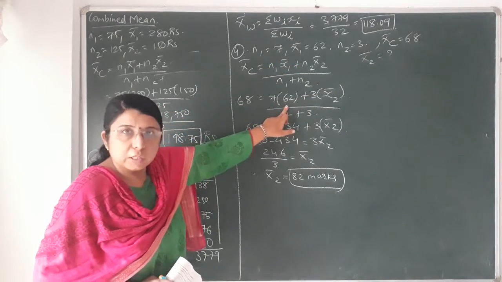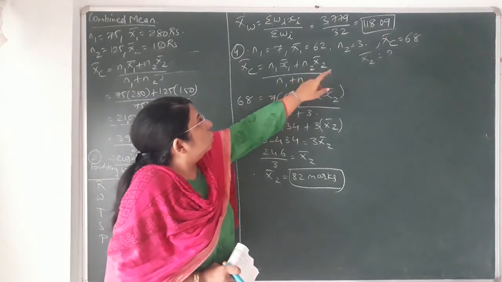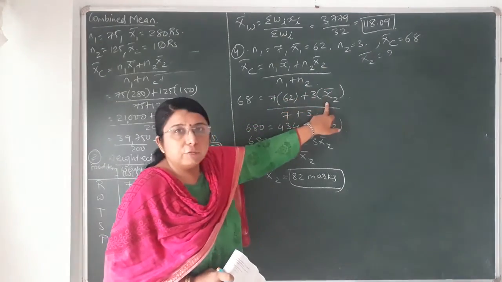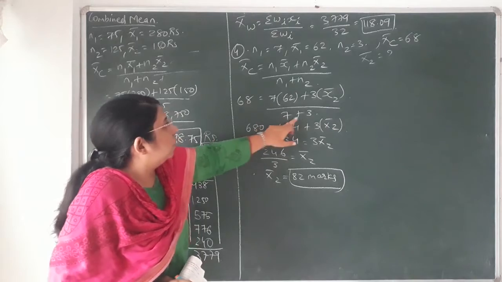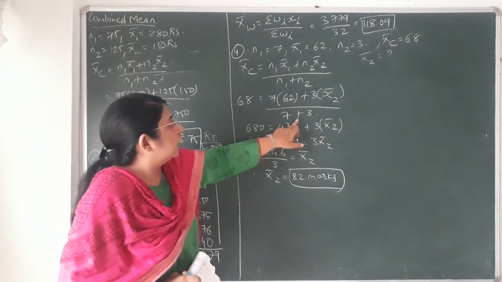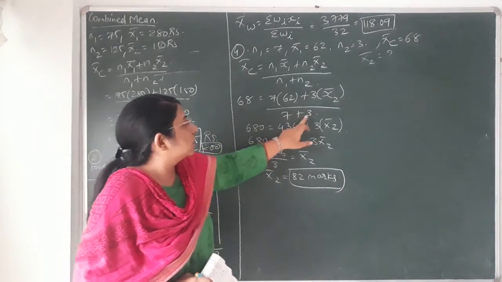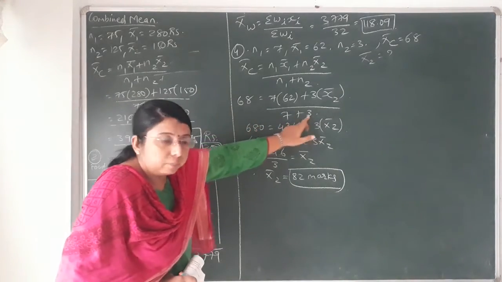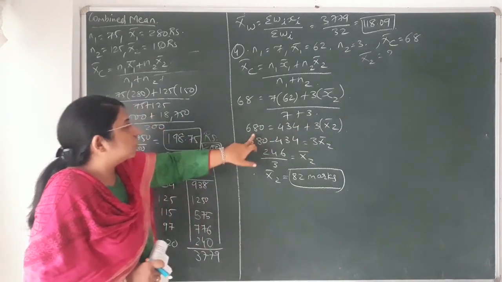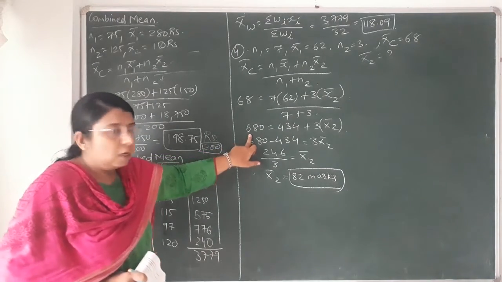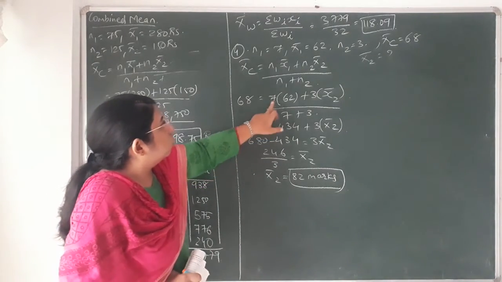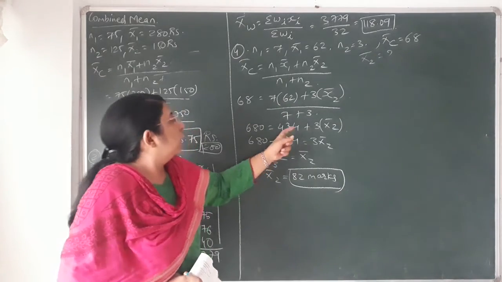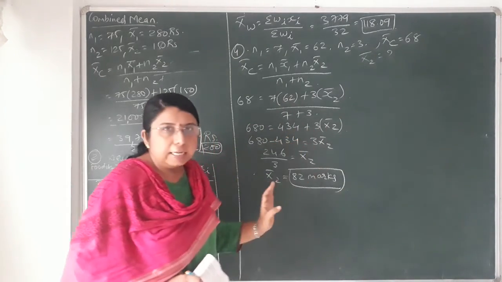So 7 into 62 plus n2, that is 3, so 3 x2 bar, which we have to find out, upon n1 plus n2, that is 7 plus 3. Now 7 plus 3 means 10. So 68 into 10, I have done cross multiplication. It comes to 680. 680 is equal to 7 into 62, which comes to 434, plus 3 x2 bar, which I have kept as it is.